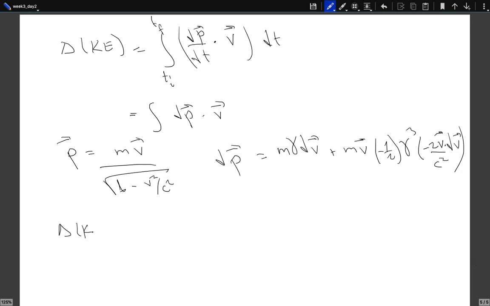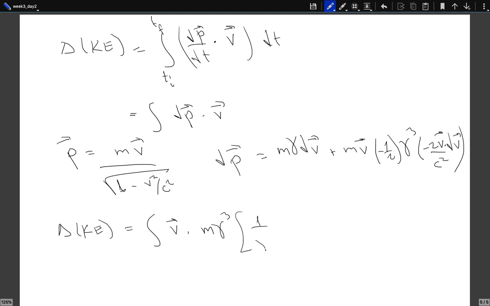So the change in the kinetic energy of the object can be written as v dot dp. Let me just take m and gamma cubed out.